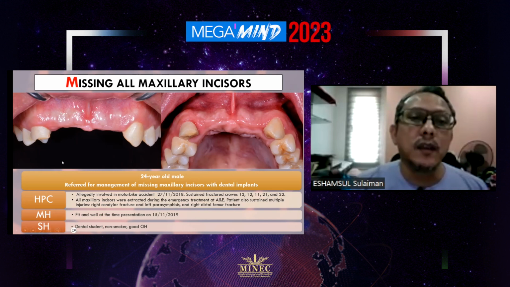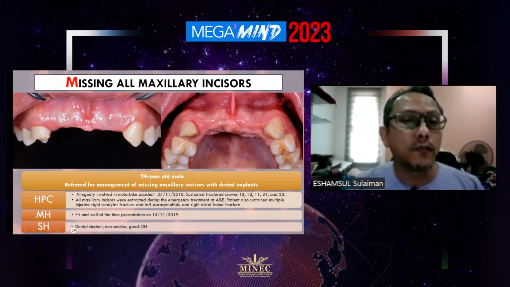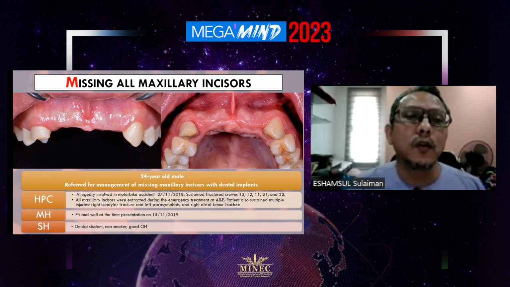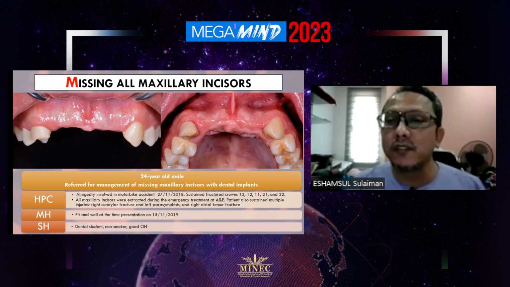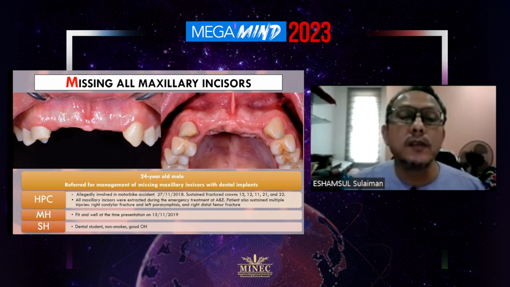What you can see here, the clinical photograph taken from the facial view, shows almost a good height of the soft tissue, although a slight deficiency on the left side. And also you can see the fracture of the crown of 1-3. From the occlusal point of view, you can see some defects of the soft tissue, which is quite significant.